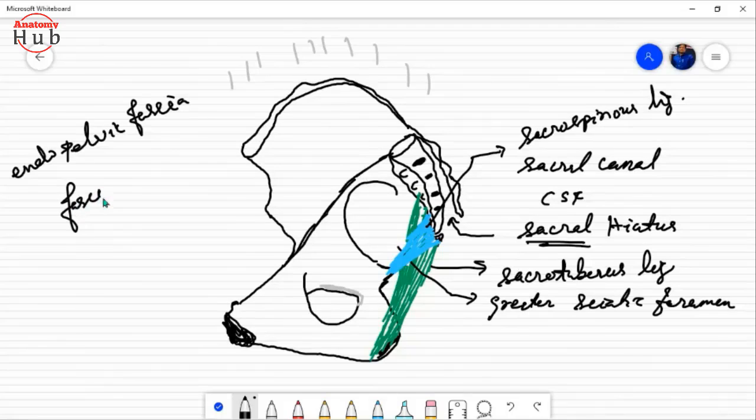That will be known as your fascia iliaca. When it covers the psoas major muscle, it will be known as your psoas fascia. When it covers the rectum and the urinary bladder, it is the rectovesical fascia.